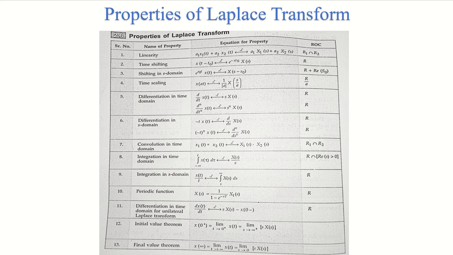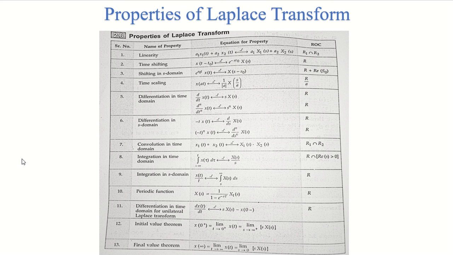The rest of the properties we discussed earlier also have the intersection R for most of the cases, except for the convolution. It will be R1 intersect with R2. That will be the region of convergence for convolution in time domain. Now integration in s domain.